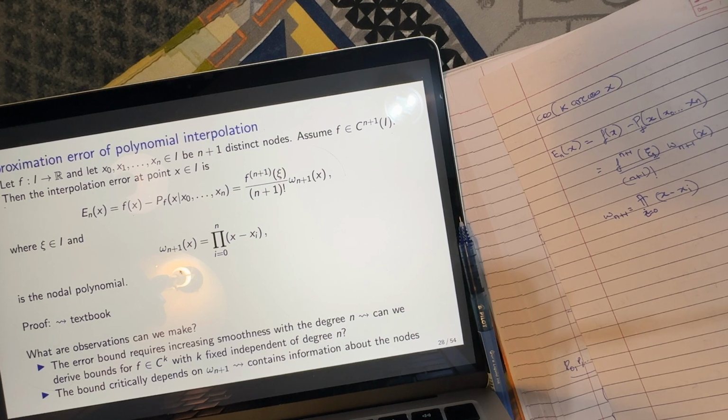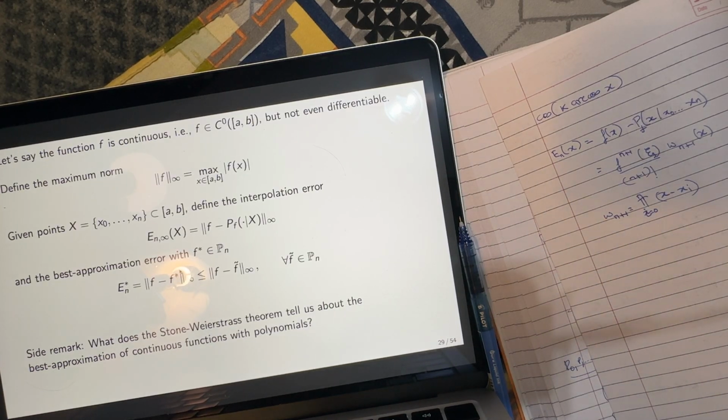So error bound requires increasing smoothness with degree n. Can we derive bounds for Ck with k independent of degree n? The bound critically depends on omega n plus 1, which contains information about the nodes. But not even differentiable.